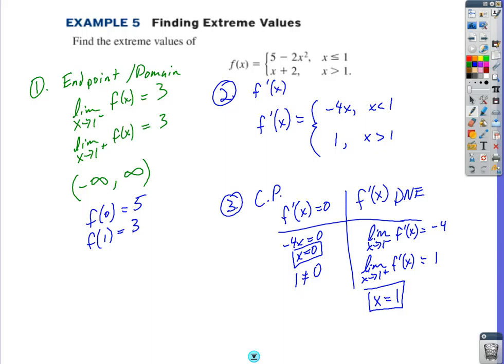But again, without doing some analysis that we don't have, I'm not sure which is which. Now you can think about it a little bit, maybe play with it in your head and say, well, I can kind of figure it out. But you can always graph it, okay? So you graph this. This is, again, from -infinity to 1. It's an upside down parabola where it crosses at the 5.